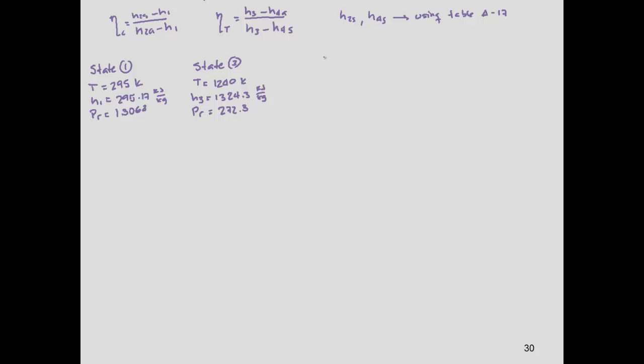So how do we get state 2s? Well, we know PR2 divided by PR1 equals P2 divided by P1. So solving for PR2 will be PR1, which is 1.368, times P2 over P1.